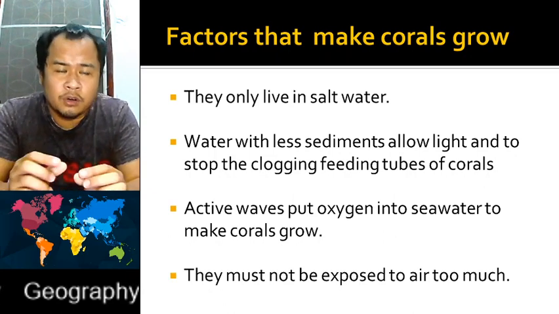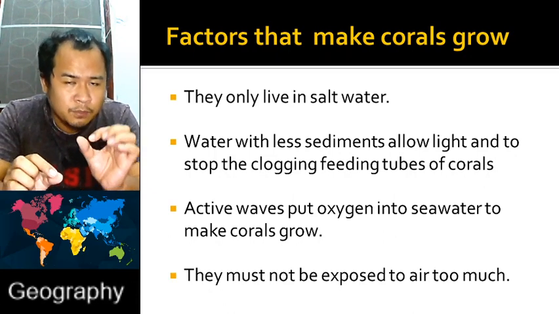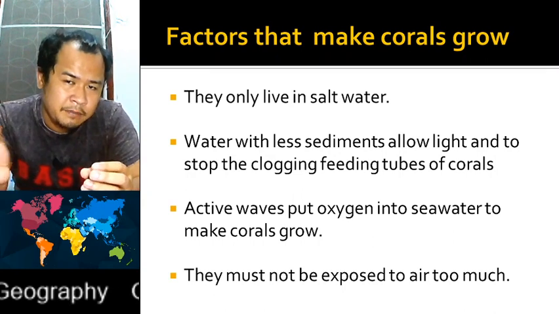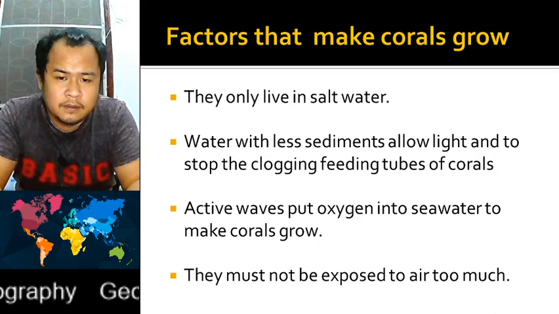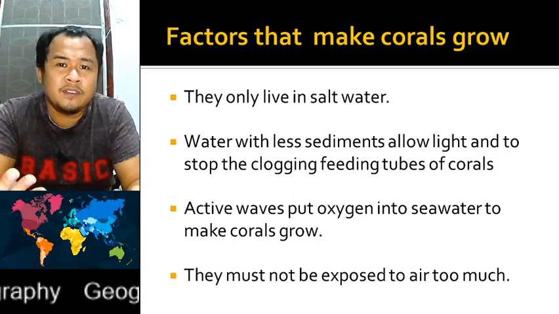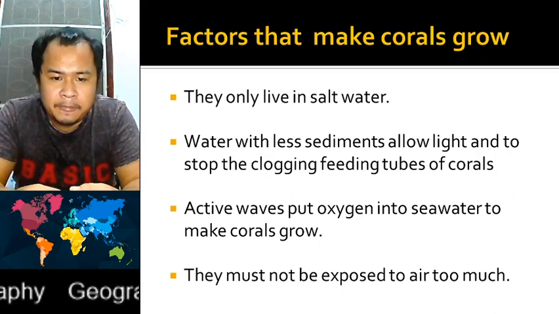And corals have small tubes or small circles, and when sediments go into those small circles, they will not be able to grow as well. So the water needs to have less sediments.